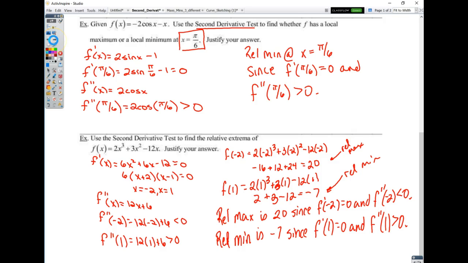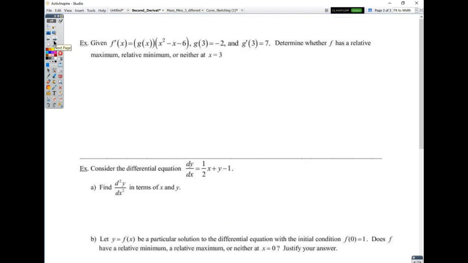Good. So, how do they force you to do the second derivative test? Clearly, like I said a second ago, I would use the first derivative test in that problem. This is an example of how they force you to use the second derivative test. They give you some weird function, usually described by some really screwed up generic function that they only give me a single data point for.